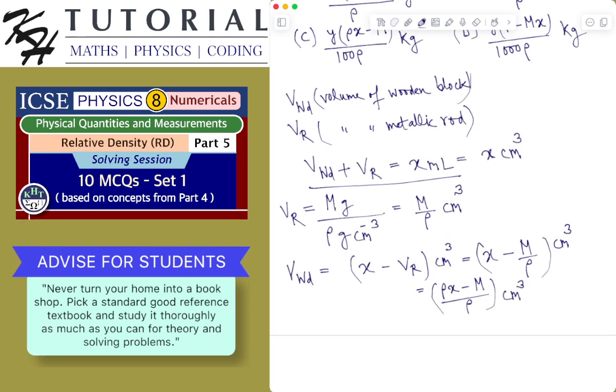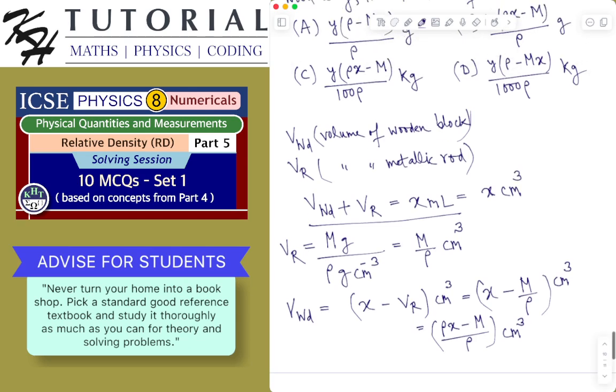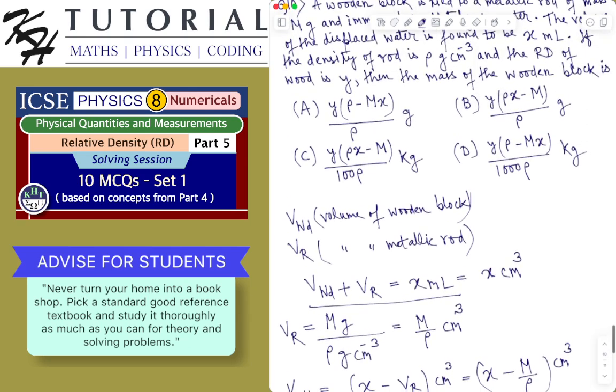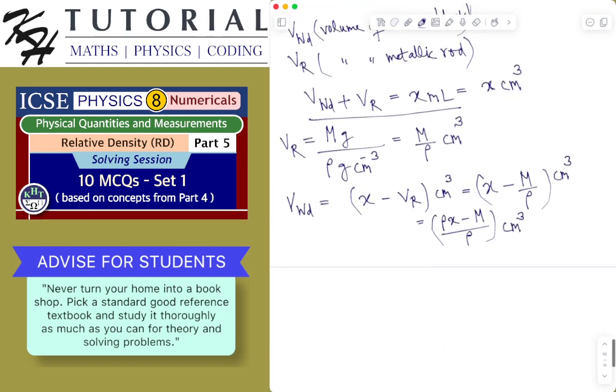So we know the volume of the wooden block, and we know the relative density of the wood is Y. If the relative density of wood is Y, then clearly the density of wood is equal to Y gram per centimeter cube.